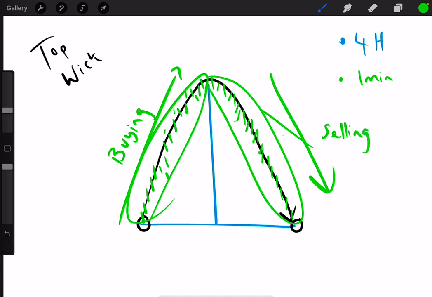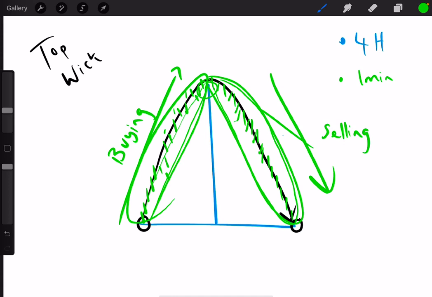So essentially what you're trying to understand is pressure. Although it's bullish, say for example this is the wick that starts the reversal. All this buying pressure eventually gets exhausted, and then the sellers take over, and that's what pushes price back down on that wick.